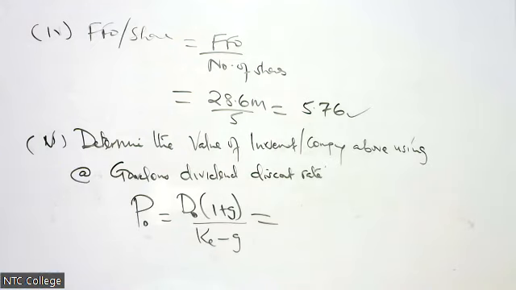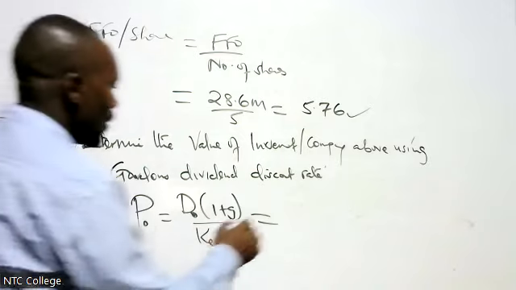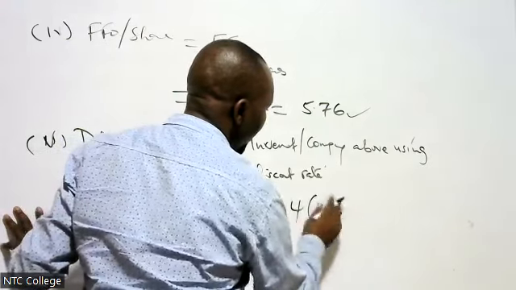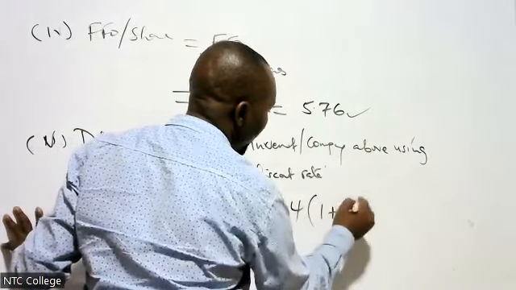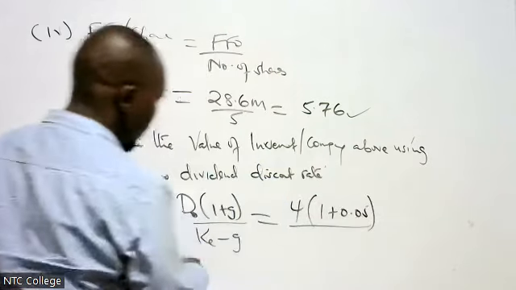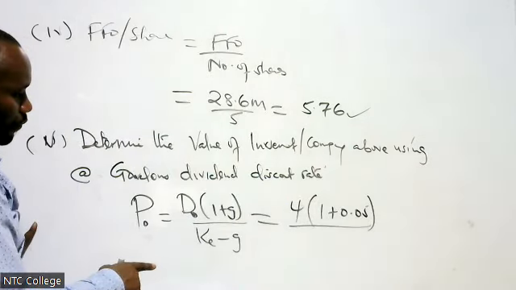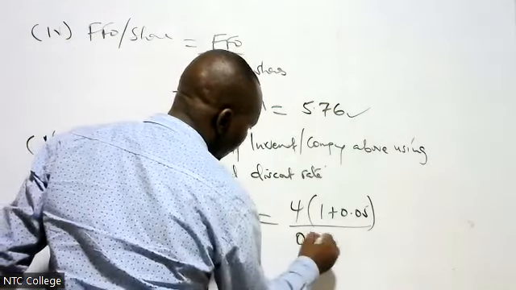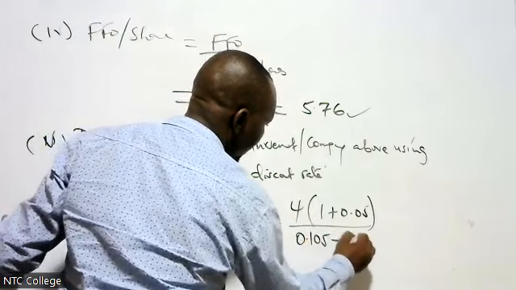We have our D, which was said to be 4, the last declared dividend, plus 0.05, all over KE, which we are given as 10.5. So you have that 0.105 minus 0.05.